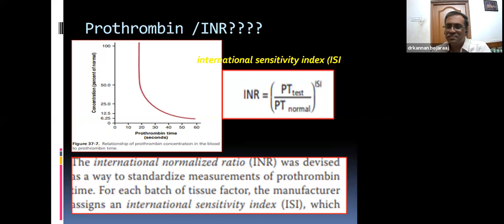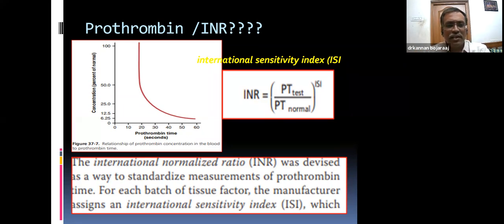Extrinsic or intrinsic? Extrinsic pathway. Tissue factor is for the extrinsic pathway and endothelial factor for the intrinsic pathway. So here prothrombin time is a very good indicator for assessing the extrinsic pathway of coagulation.